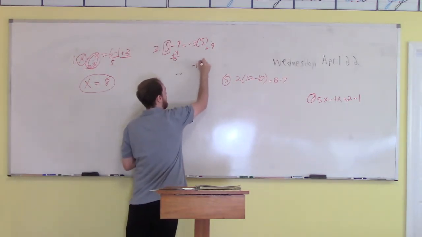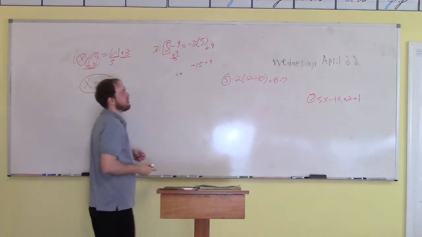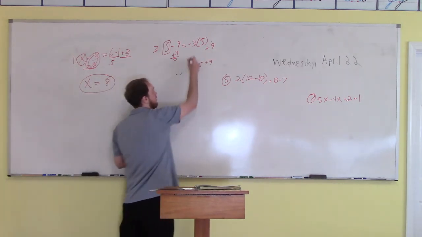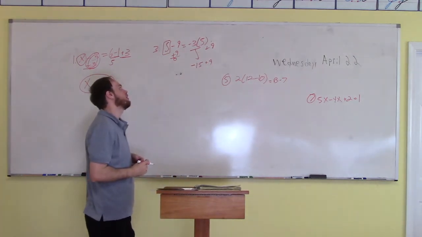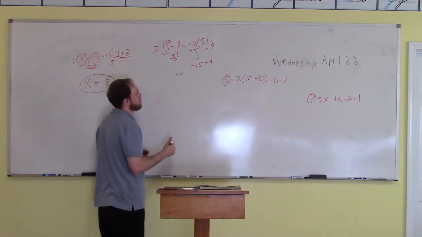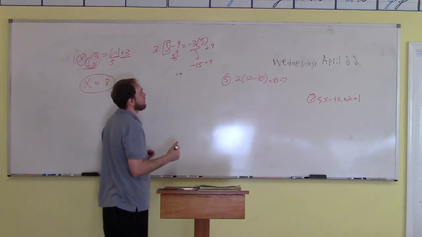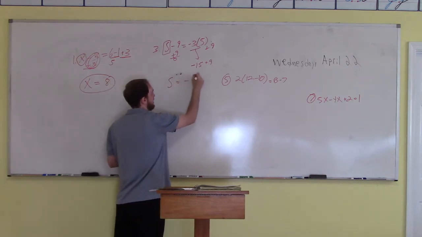So that's really negative 15 plus 9. And then negative 15 plus 9 is, what would that be? Negative 6. Yeah. So s would equal negative 6.